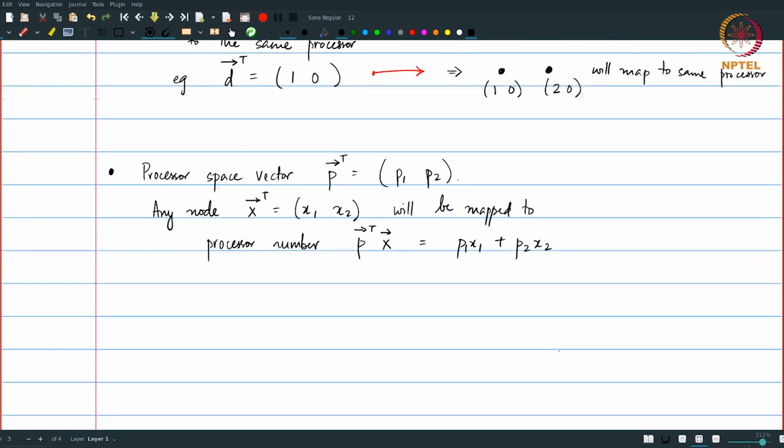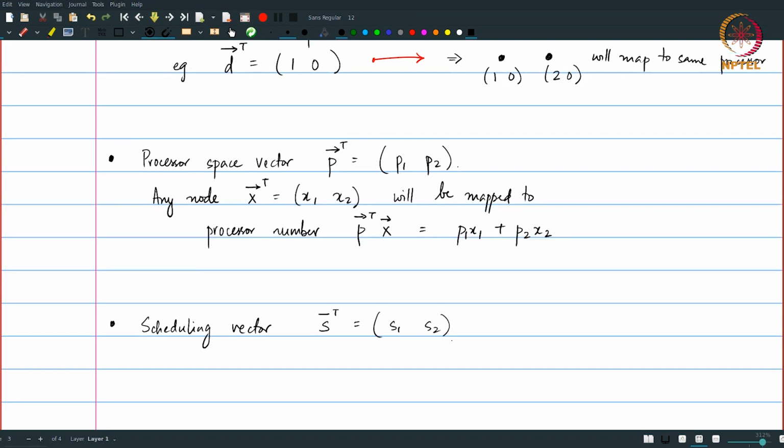Okay. Now, I'll just go ahead and define the next two terms as well before getting on to certain properties of these vectors that we have. The next term of interest to us is something called the scheduling vector, S, which is given once again by two components, S1, S2.